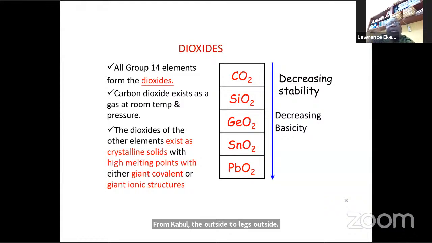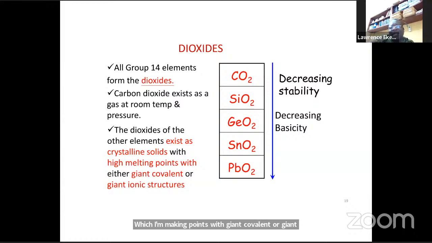We've said that carbon dioxide exists as a gas at room temperature. The dioxides of the other elements exist as crystalline solids with high melting points, with giant covalent or giant ionic structures.